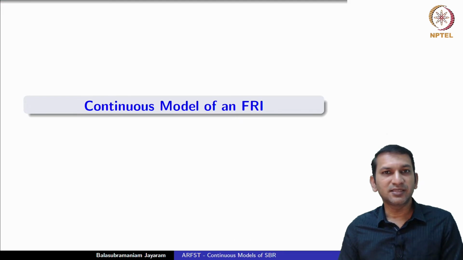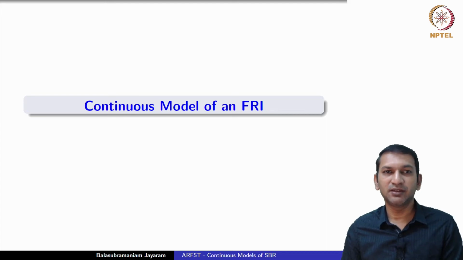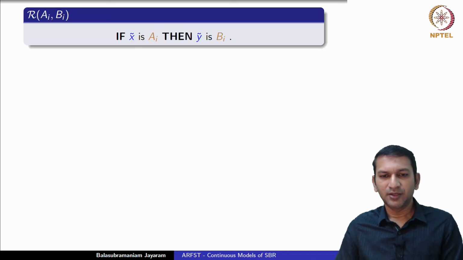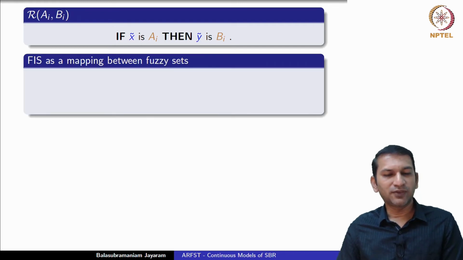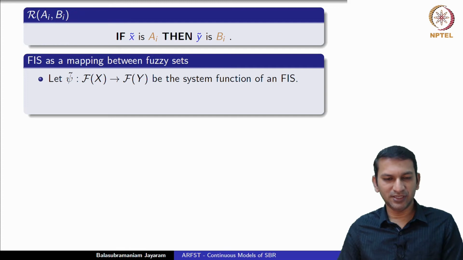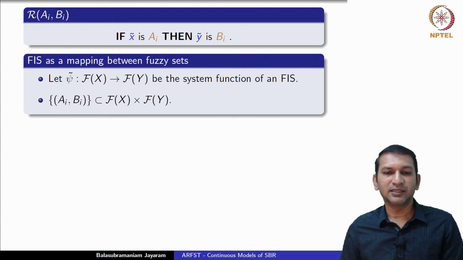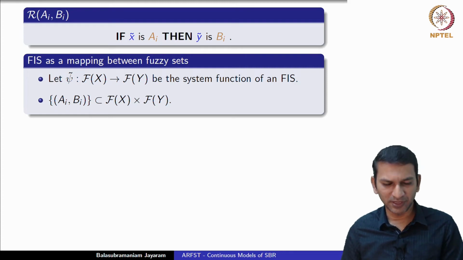Well, let us revisit the continuous model of an FRI and define the continuous model of an SBR accordingly. So we have this system of if-then rules. Now we are looking at a fuzzy inference system as a mapping between fuzzy sets and the antecedent consequent pairs as coming from the corresponding Cartesian product of the input and output fuzzy spaces.